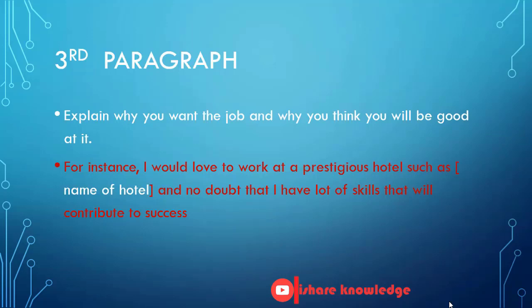I would love to work at prestigious hotels, such as, you mention the name of the hotel, and no doubt that I have a lot of skills that will contribute to success. You see, you show why you want the job and you show that you are good at it because you have the skills required.